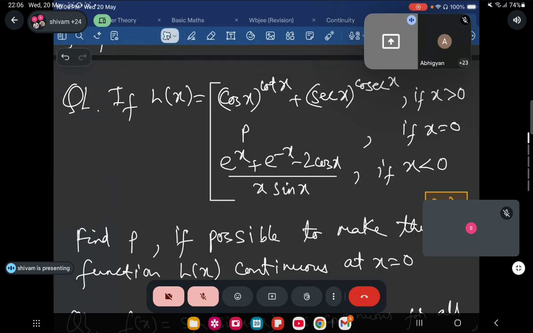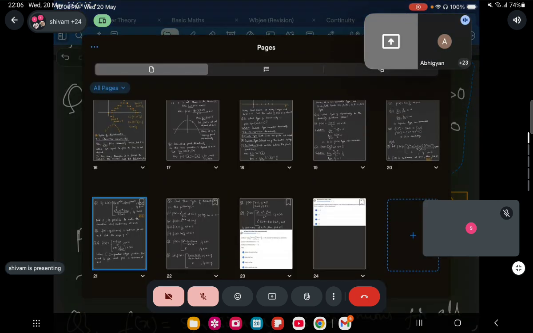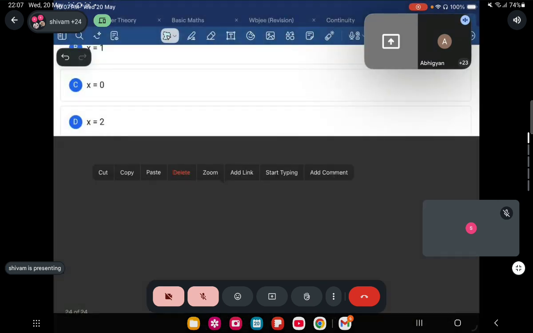So, Abhigyan, can you tell me what is the definition of continuity? How can we make the function continuous? By equating p with the limit as x tends to plus and minus.